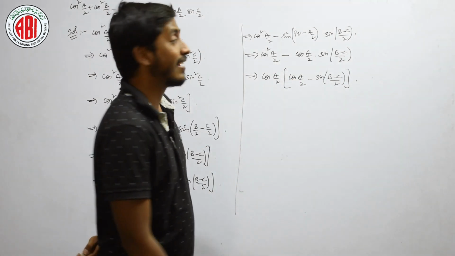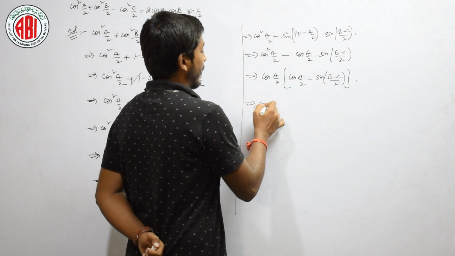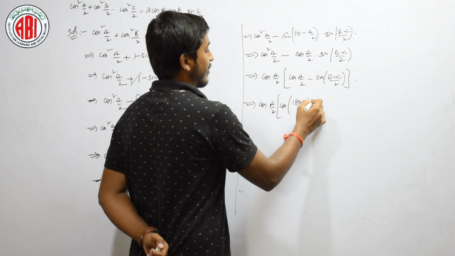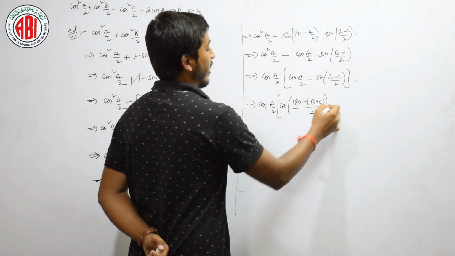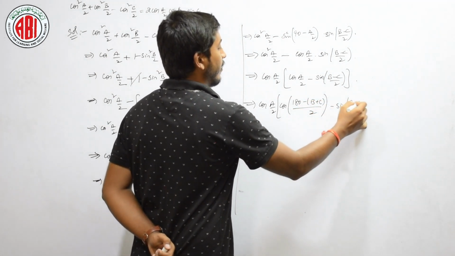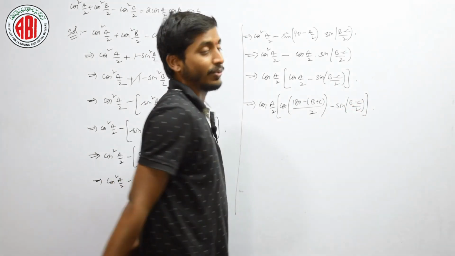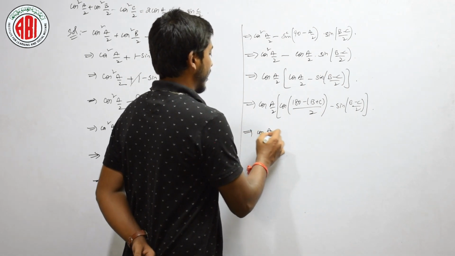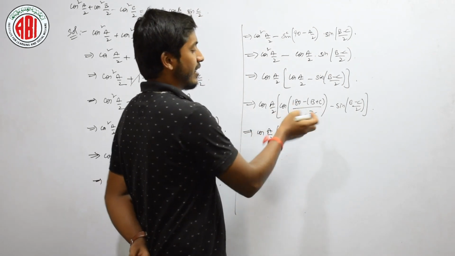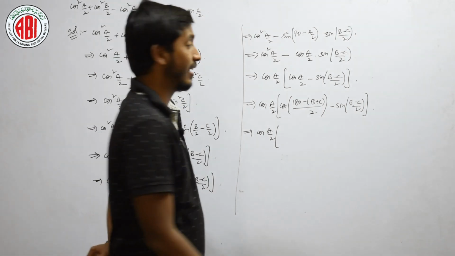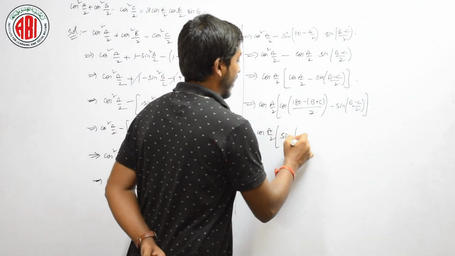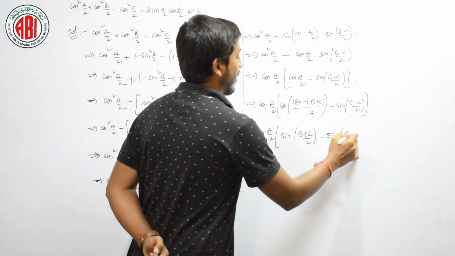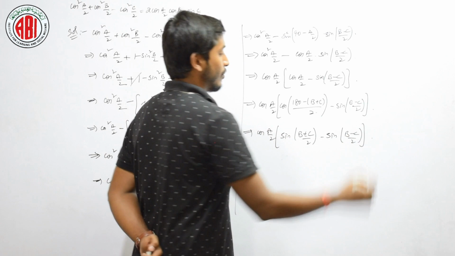We can write a as 180 minus of b plus c, the whole divided by 2, minus sine of b minus c by 2. Is it okay? Now see here, what will this become? Again 180 by 2 is 90, and cos of 90 minus theta is nothing but sine, so sine of b plus c by 2 minus sine of b minus c by 2.